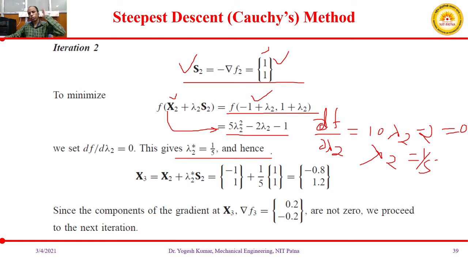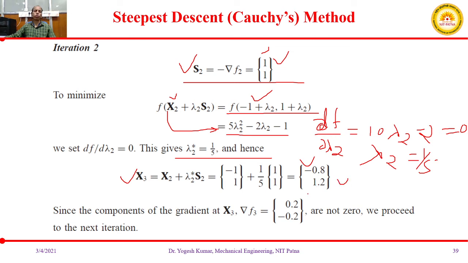After calculating the value of lambda 2, you will calculate the value of your next point, that is x3, and x3 will be x2 plus lambda 2 s2. So if you put these values, this will come around minus 0.8 and 1.2.